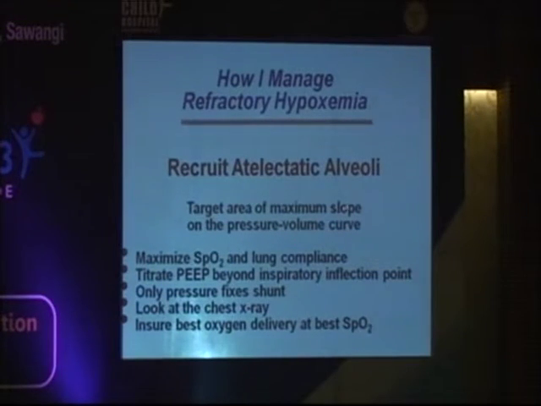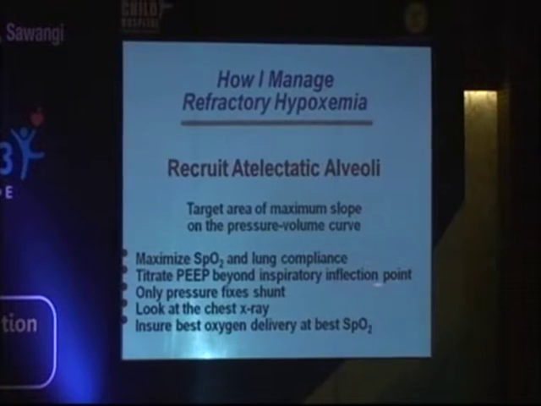And just bear with me, I'll show you this in a second. So basically in changing the ventilator, we want to basically titrate the positive end expiratory pressure beyond the inspiratory inflection point.